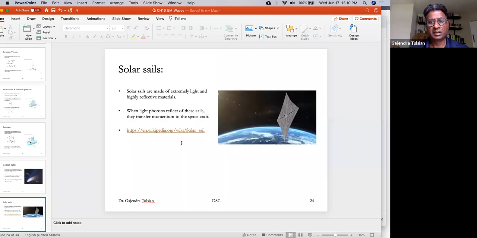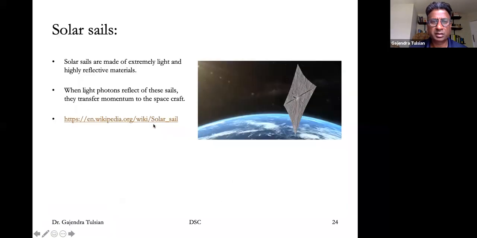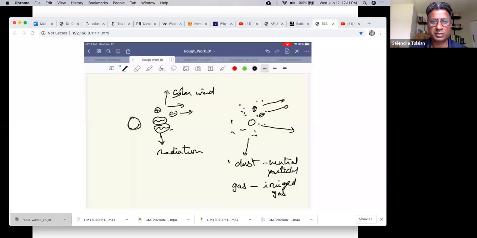We've also demonstrated this radiation pressure by flying solar sails. Sunlight bouncing off the sail will push it away from the sun. When light photons reflect off these sails, they transfer momentum to the spacecraft. You can go to the Wikipedia page on solar sails.